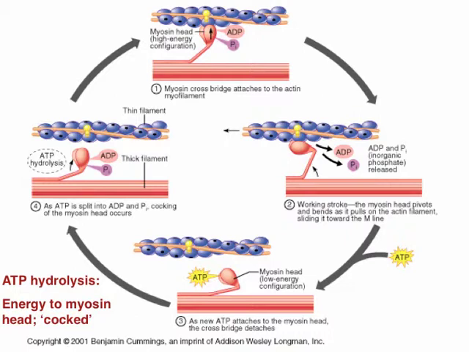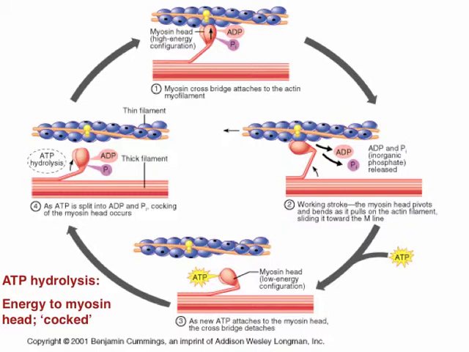So if we look at step 2, they call it the working stroke. So it's working because the myosin head is pivoting, and this is going to cause the sarcomere to shorten, and with all millions of sarcomeres shortening, then your biceps muscle will shorten as well.